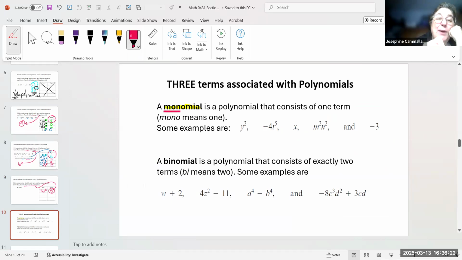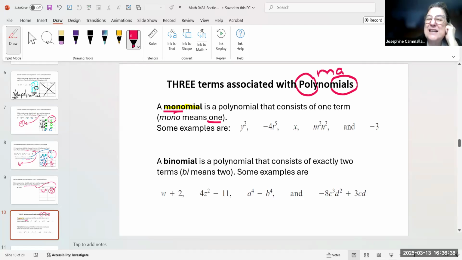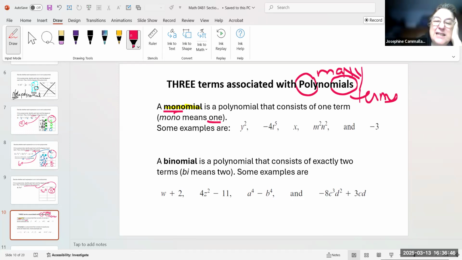Notice M-O-N, mono, means 1. Poly means many, terms. A monomial is a one-term polynomial.